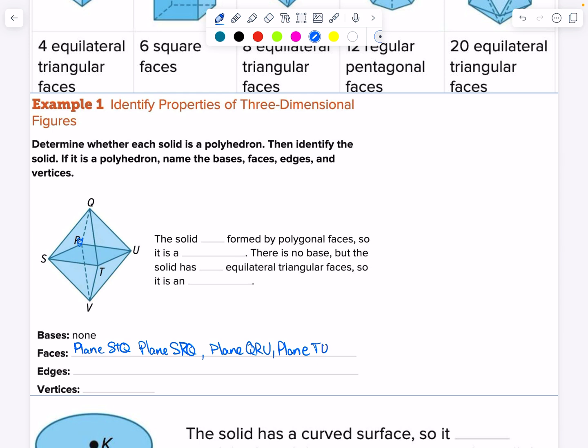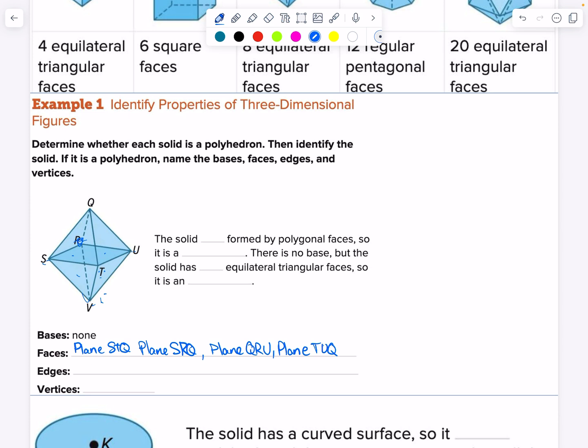Now, there are four more. I'll list them all out: plane SRV, RUV, UTV, TSV, just going around the four-sided base that's stuck in the middle there.